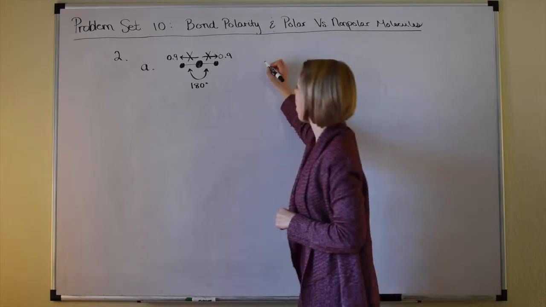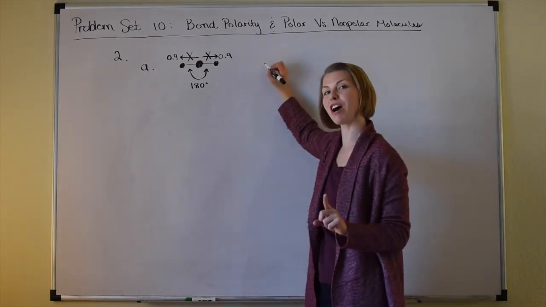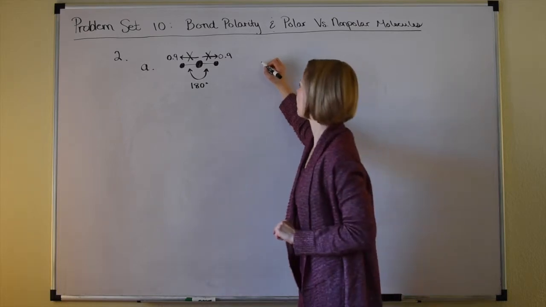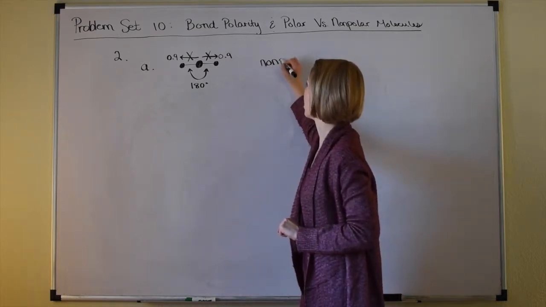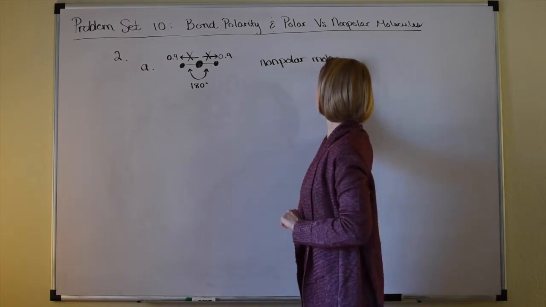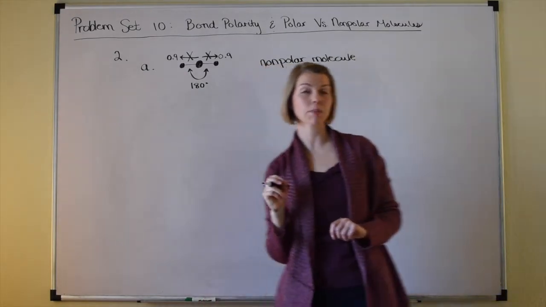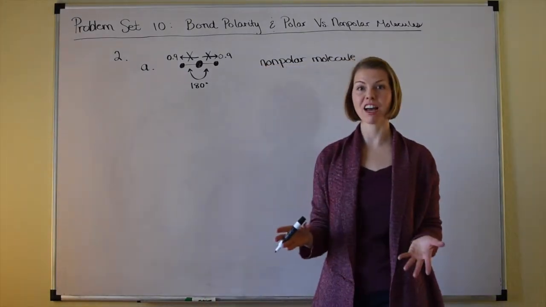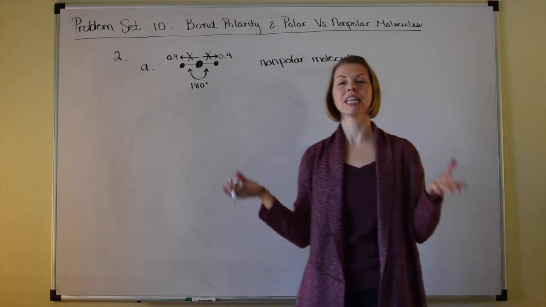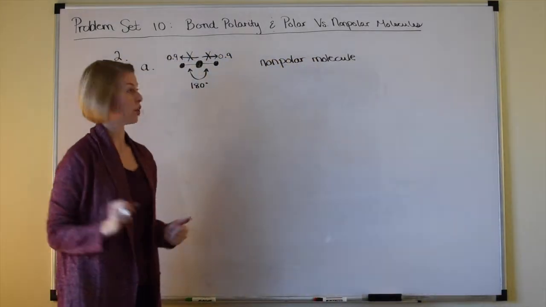And overall, the molecule is going to be a great example of a molecule with polar bonds that cancel out, leaving a nonpolar molecule. Just like the example that I gave in the tutorial number 10, which was carbon dioxide, where we had polar bonds, linear molecule, they canceled out, and the molecule overall was nonpolar. Okay.